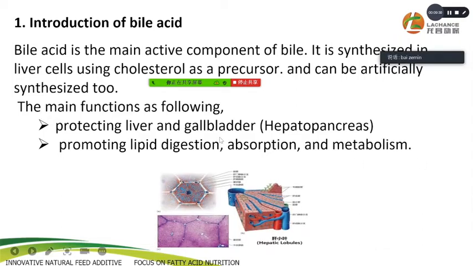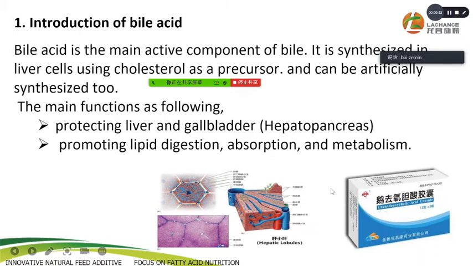Now in the market there are a lot of commercial products for human beings. This is a commercial product from a China company for humans, a cholic acid capsule, CDC. Of course, in aquaculture, we also use this kind of product.